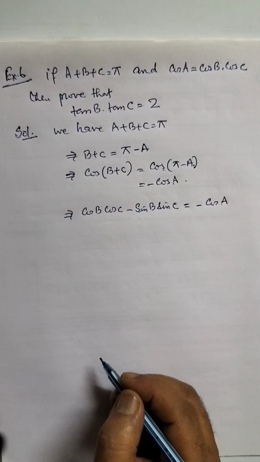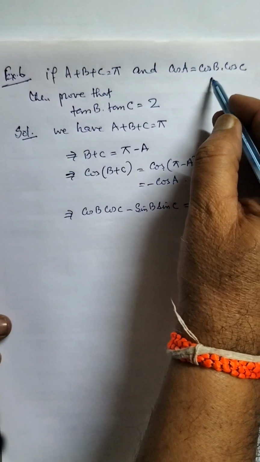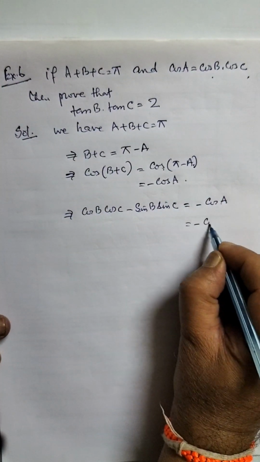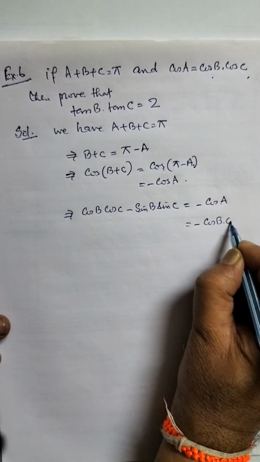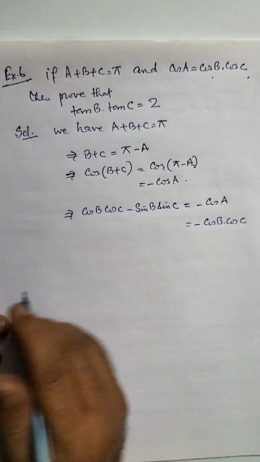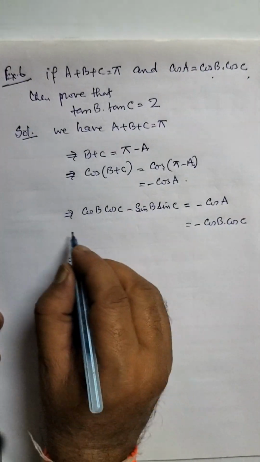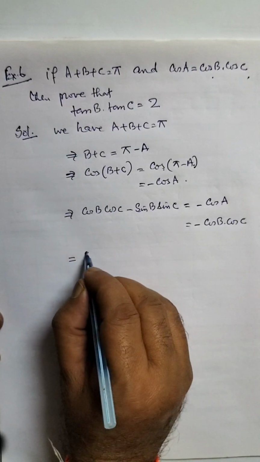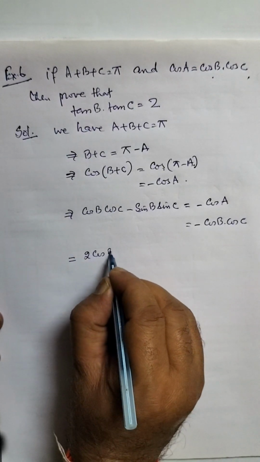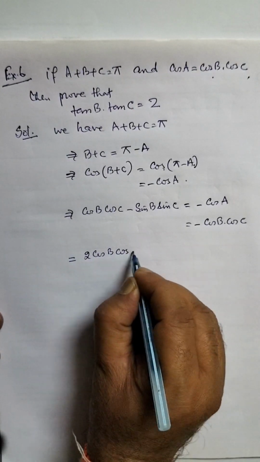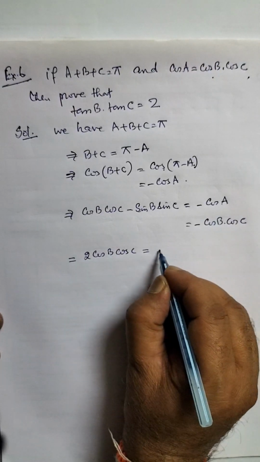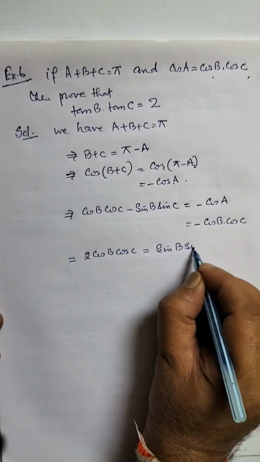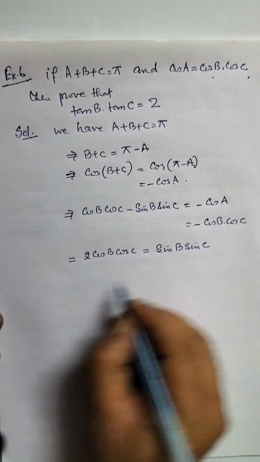Now it is given that cos a is nothing but cos b times cos c. So I'll write it here, cos b times cos c. Now rearranging, we will get, twice of cos b cos c is equal to sin b and sin c.